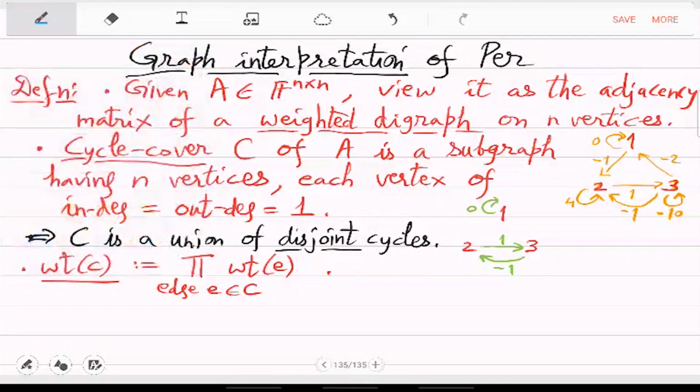And why did we do all this? We did this to interpret the permanent using a graph. The permanent of the matrix A is a property of the graph that A specifies, and it happens to be the sum over all cycle covers.